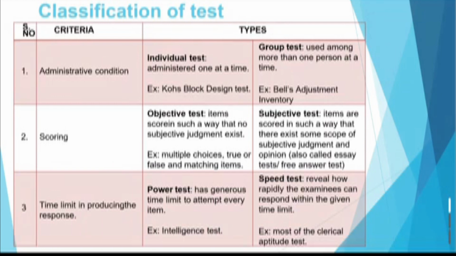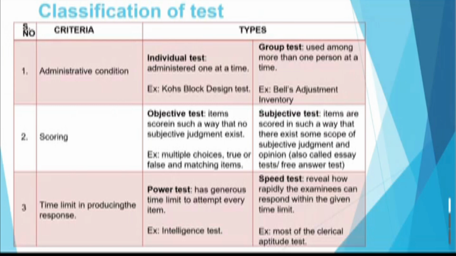Then there are tests wherein there will be a definite time limit, and the individuals will be tested. Your CAT exam and our recent NEET exam, all these things come under speed tests.